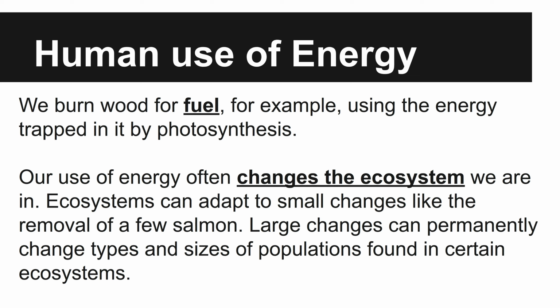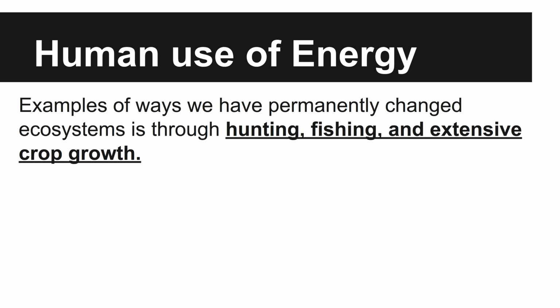Our use of energy often changes the ecosystem we are in. Ecosystems can adapt to small changes, like the removal of salmon in this case. Large changes can permanently change the type and size of populations found in certain ecosystems. Examples of ways we have permanently changed ecosystems are hunting, fishing, and extensive crop growth.